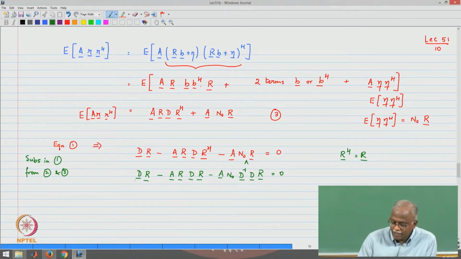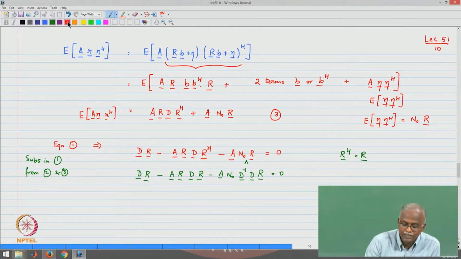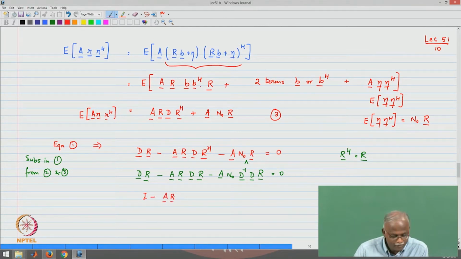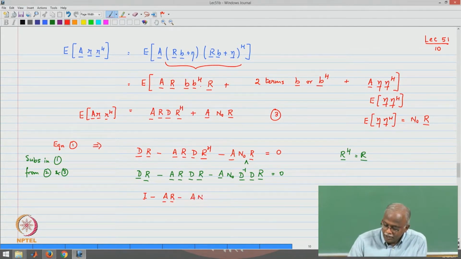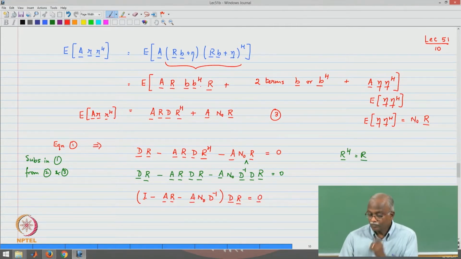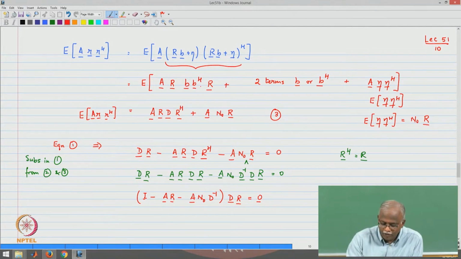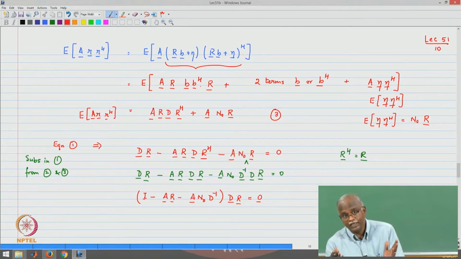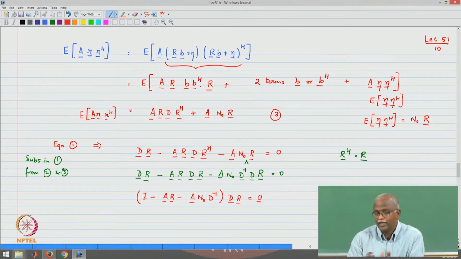Now notice that I can factor out d times r from this expression. So then it becomes I minus a times r minus a times n naught d inverse times d times r equal to 0. Now from this equation we know that d is non-zero, r is non-zero, r is the correlation matrix between the spreading waveforms. So d and r cannot be 0.